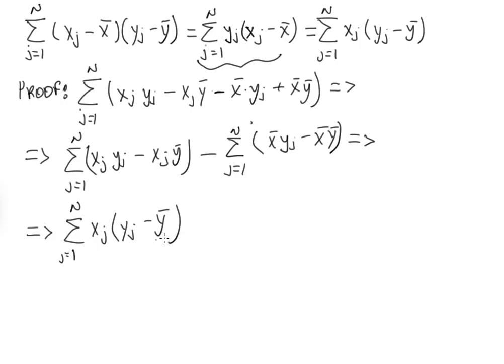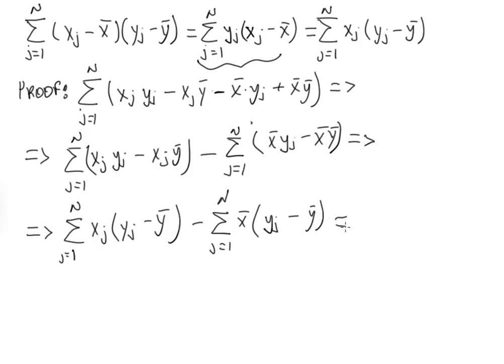So this is a deviation of y, and xj is out of the bracket. That was common to both of these expressions. Now here we could take out x bar, then this will have yj minus y bar. And from before, oops, I shouldn't put equal to 0, I don't know why I did this.